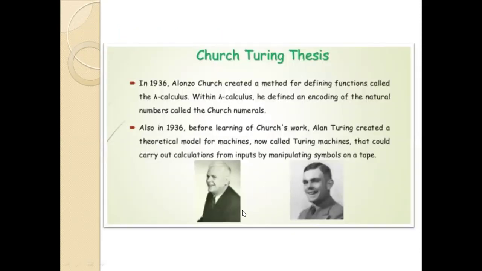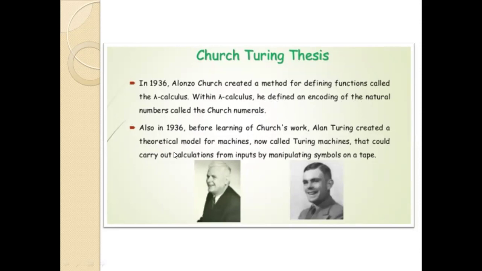Church-Turing thesis. In 1936, Alonzo Church created a method for defining functions called lambda calculus, where he defined an encoding of the natural numbers called Church numerals. I think this part you have got in your engineering mathematics, right?